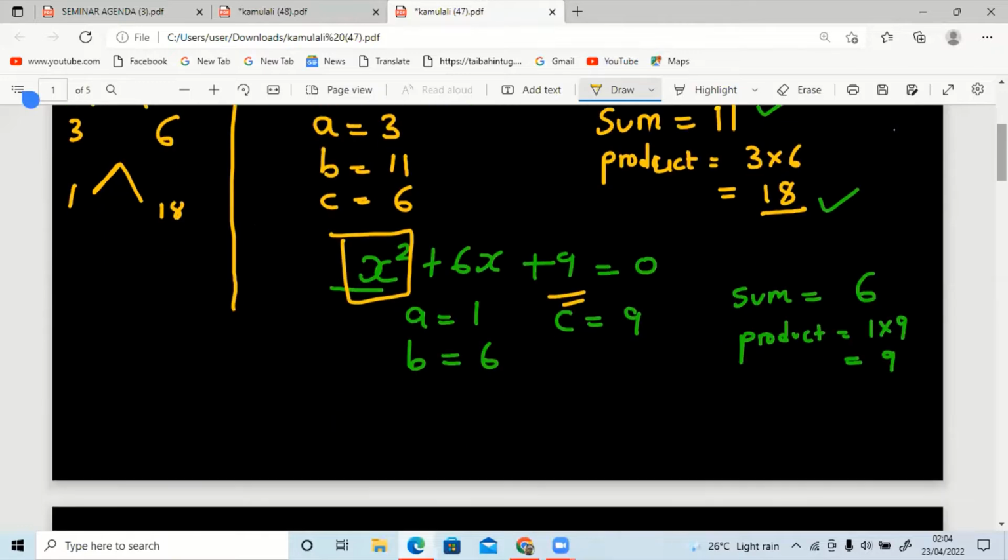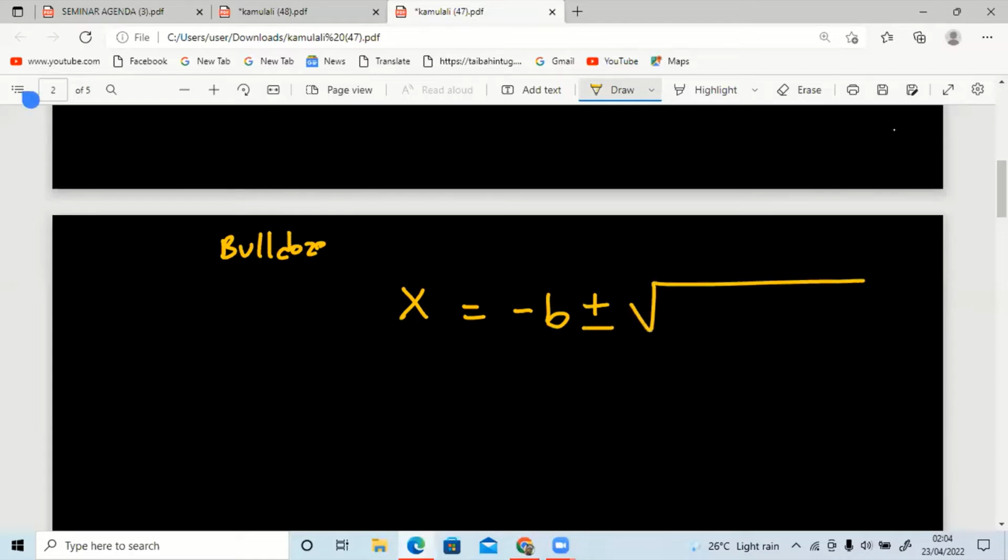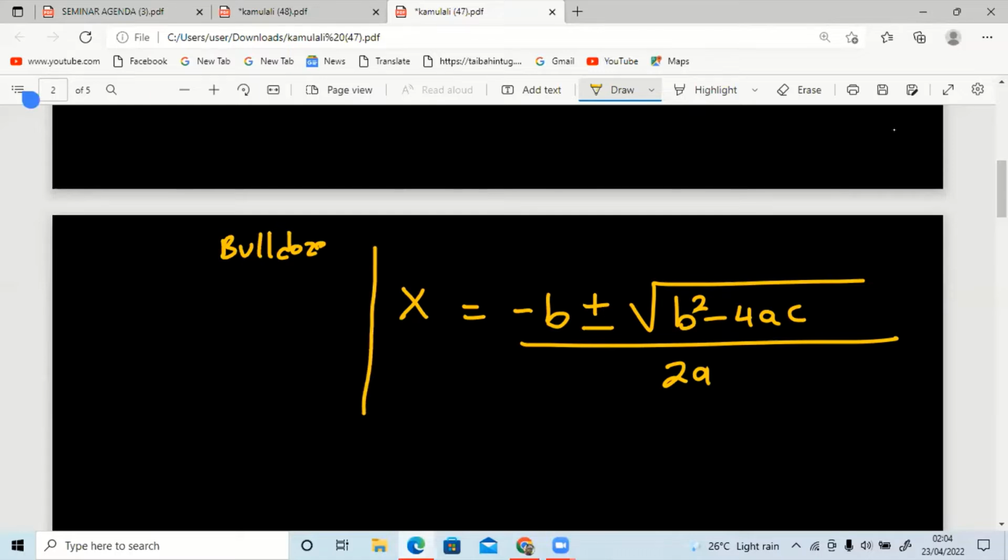The next one I want to look at is the second method we call the bulldozer. So the bulldozer is given by x is equal to negative b plus or minus the root of b squared minus 4ac, divided by 2a. You may not need to cram this formula.